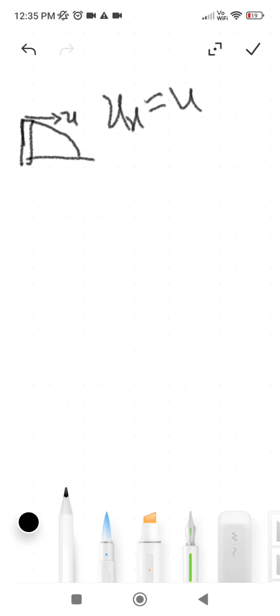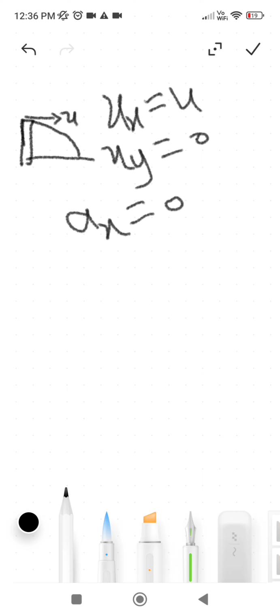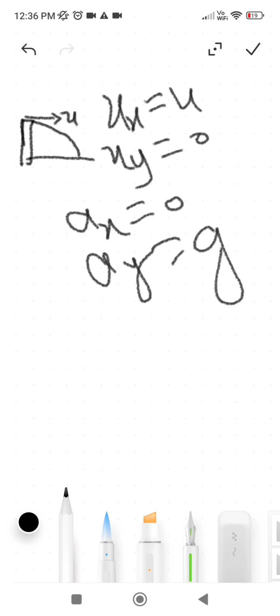It doesn't change in the x direction, whereas uy is 0, because I have projected nothing in the y direction. I have only projected in the x direction. Due to the horizontal projection it follows a parabolic path, and acceleration along the x direction is 0. Along the y direction we have g, because it's following the direction of gravity, it falls down.